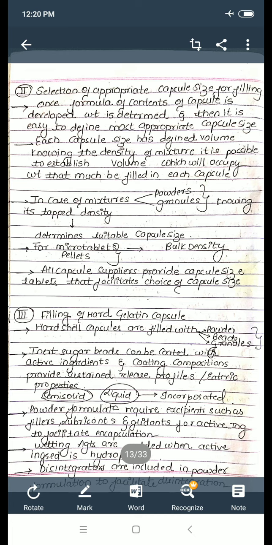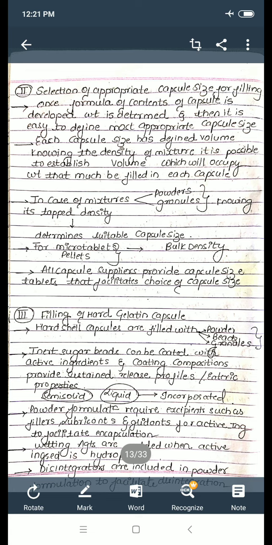The second important point during the formulation of hard gelatin capsule is the selection of an appropriate capsule size for filling. Once the formula of contents of the capsule is developed, the weight is determined, and then it is easy to define the most appropriate capsule size. Each capsule size has a defined volume. Knowing the density of the mixture, it is possible to establish the volume which will be occupied by the weight that must be filled in each capsule.